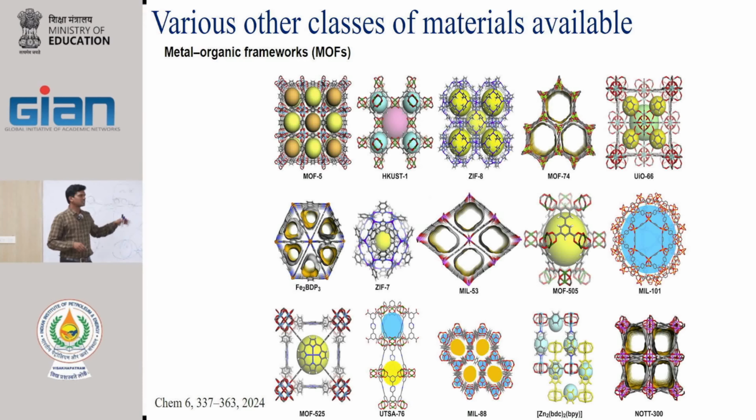They are flexible systems. When I say the pore structure looks like this, it is flexible, meaning it expands and contracts all the time, which allows the gas molecules to enter the system.